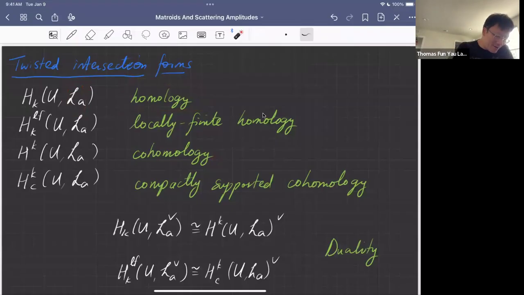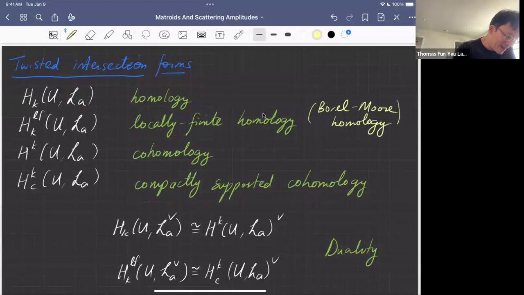Instead of cohomology, you can take compactly supported cohomology, and instead of homology, you could take locally finite homology. This is also called Borel-Moore. It has the same relationship to homology as compactly supported has to cohomology.